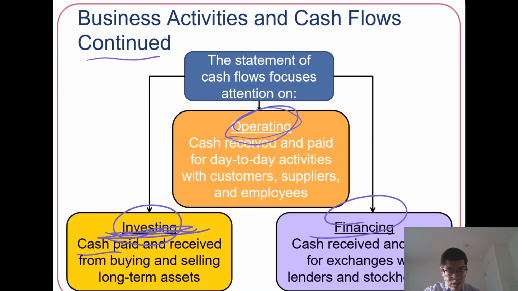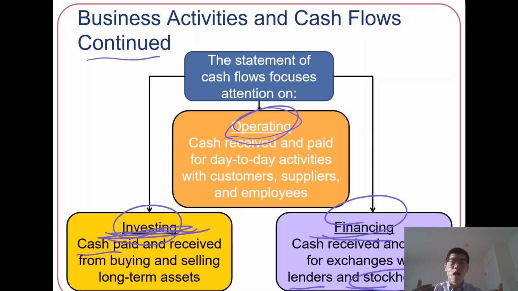And financing is cash received and paid in exchange with lenders and stockholders, which is investors' contributions into the company, which ties back to your investment on the financial market. So that is called financing activity. If you are buying stock on the market and become a holder, first of all, the company has to issue stock.